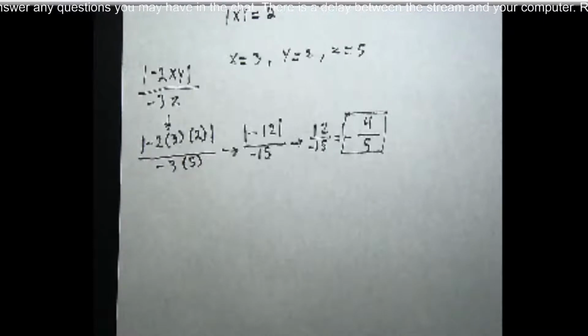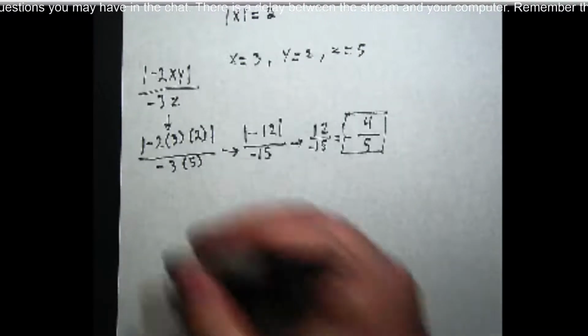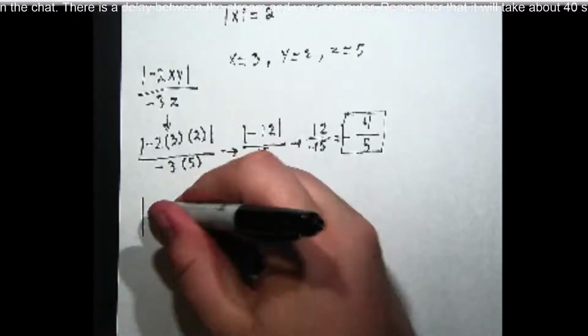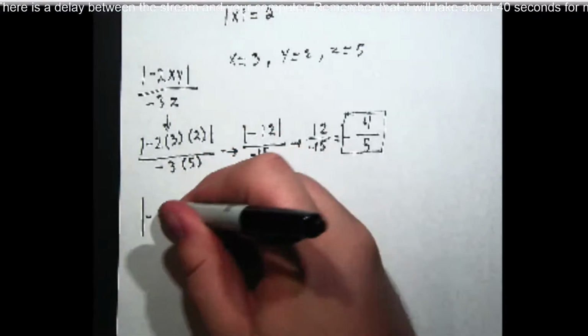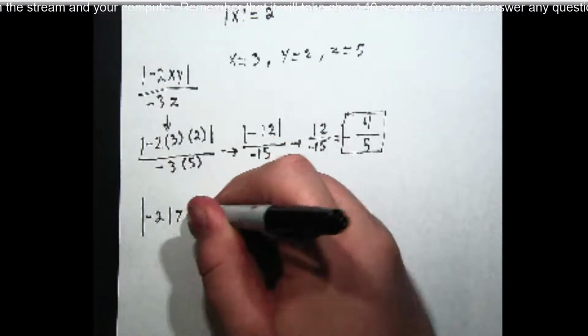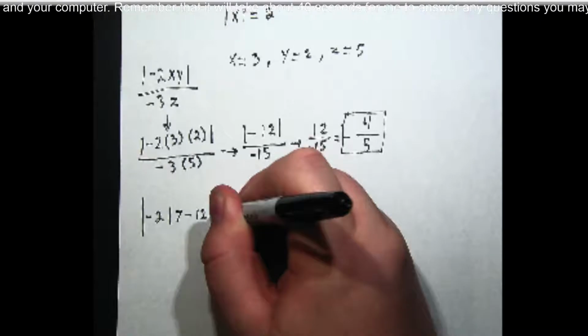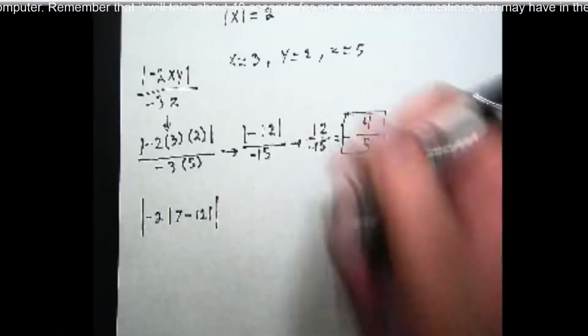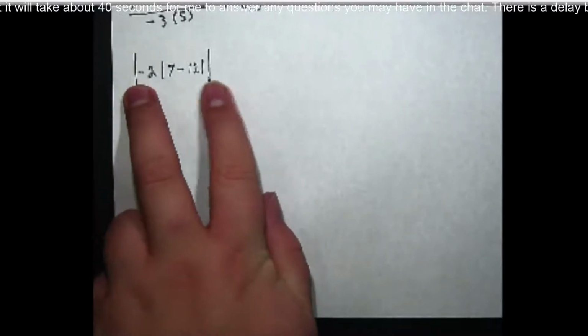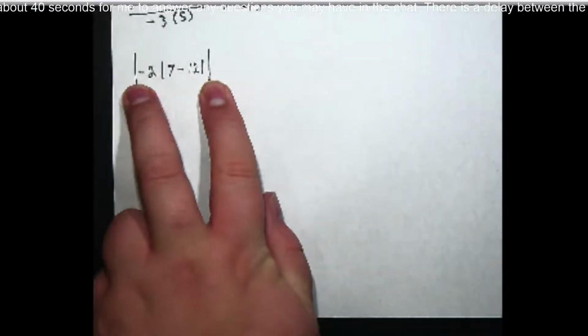All right. Let's try another one. You might see more than one set of absolute values in an expression. Maybe something like this. Okay, so here I've got a set of absolute values, but then another set inside of it.